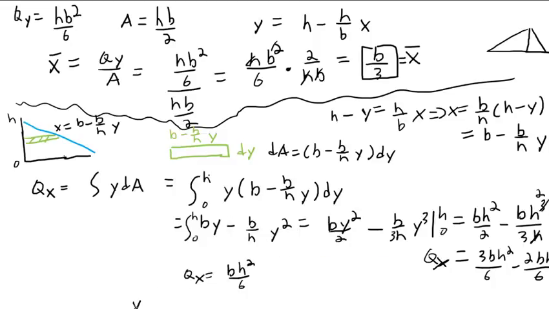And then y bar will equal Qx over A. It's the same area, bh squared over 6 over hb over 2.